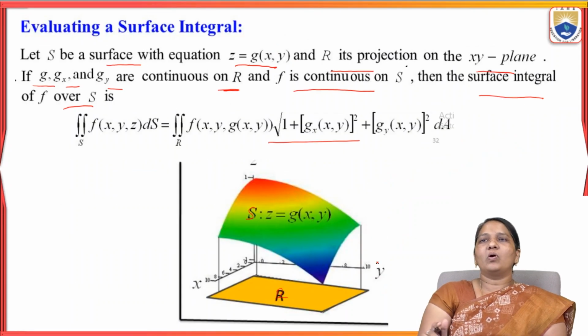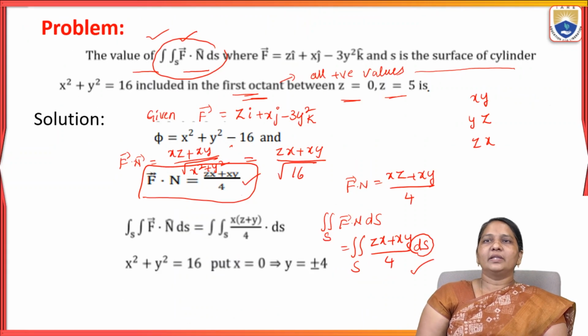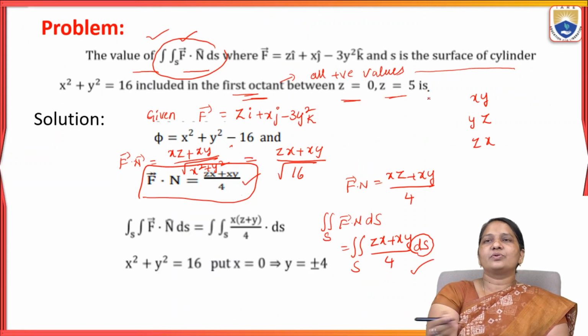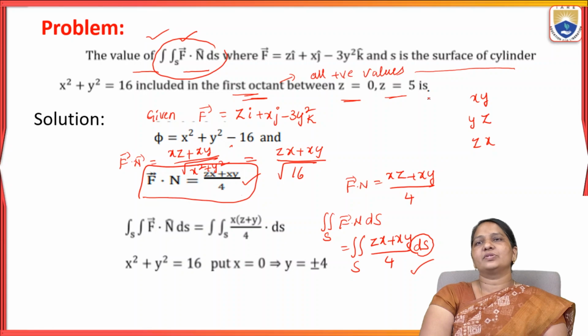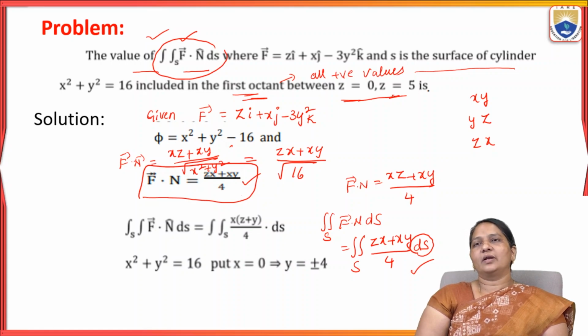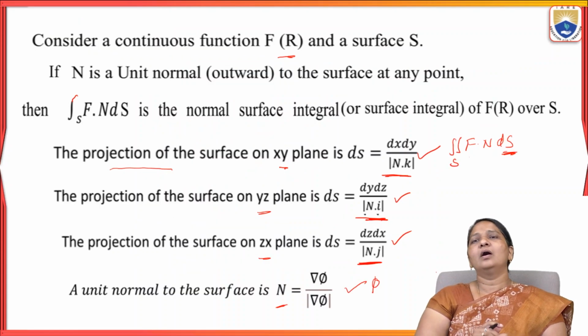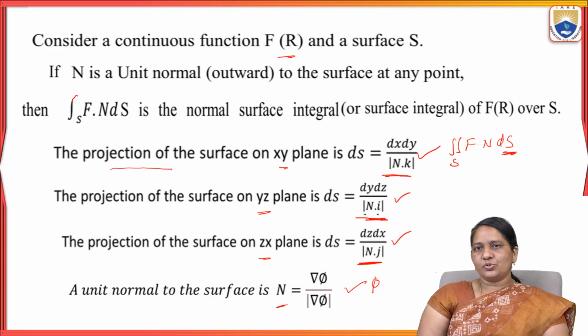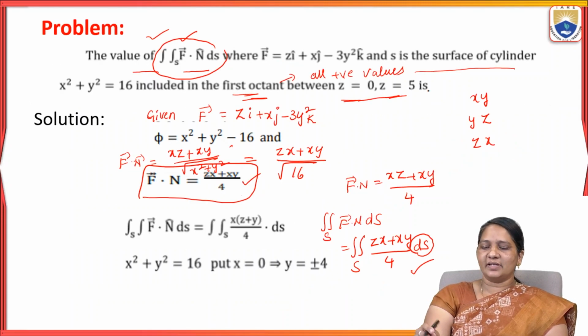But in the problem they gave z equal to 0 and z equal to 5. So if y is variable and z is constant, I can use the formula for the yz plane. That's why I am considering the yz plane.